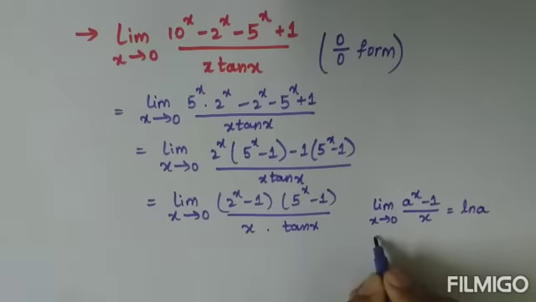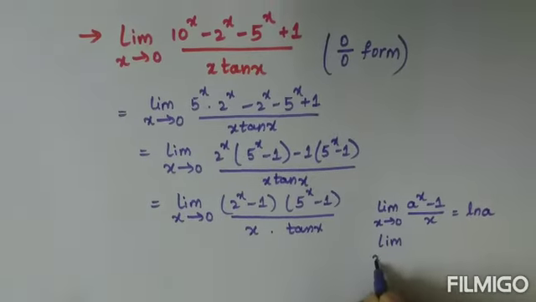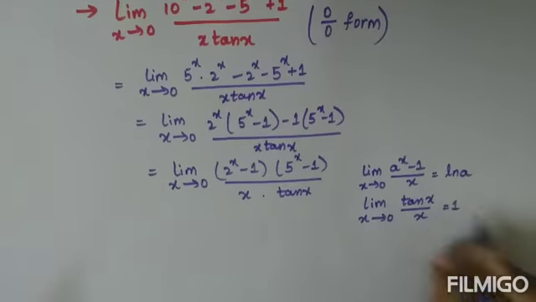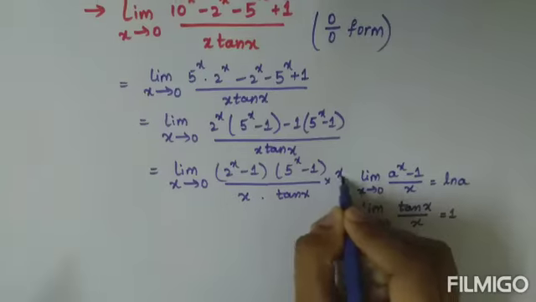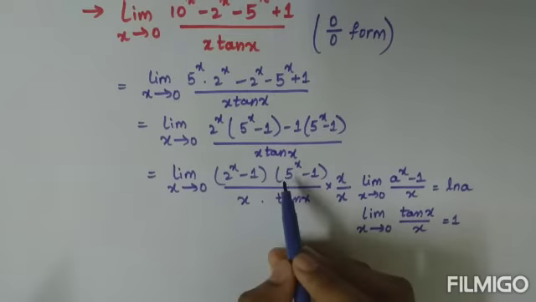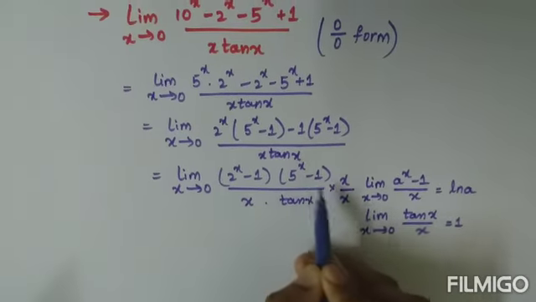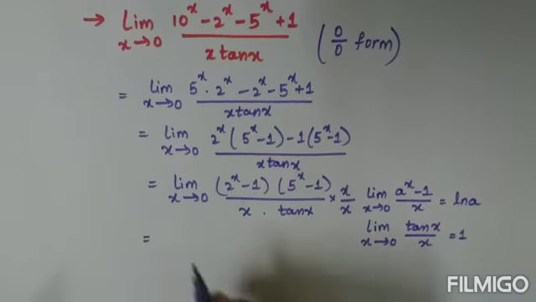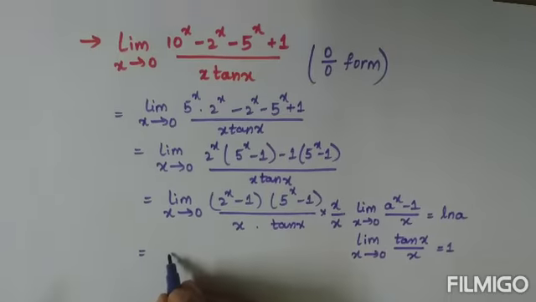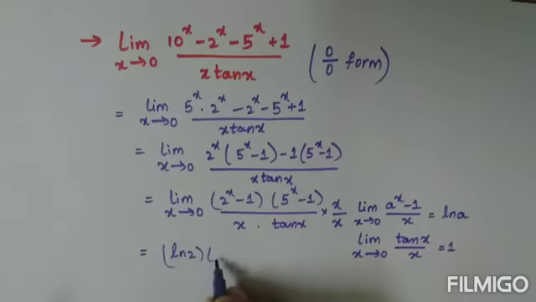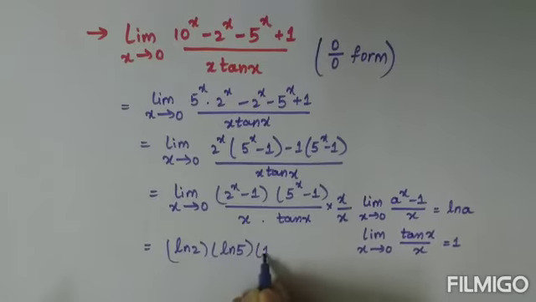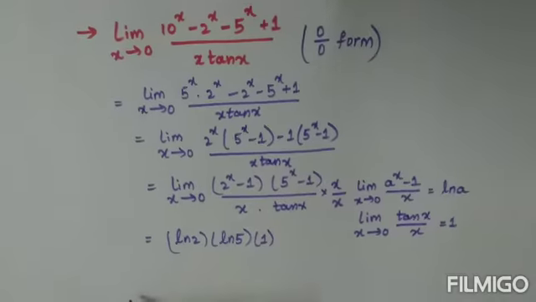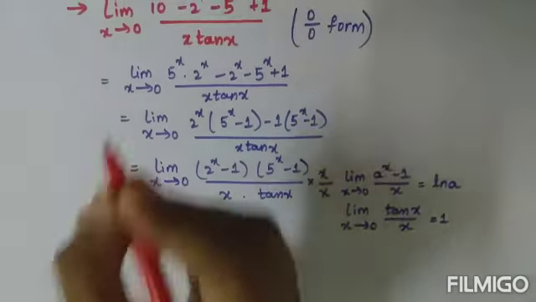We have seen in the evaluation of trigonometric limits that limit x tends to 0, tan x by x is also equal to 1. So here we simply multiply by x and divide by x. This 5 power x minus 1 by x becomes ln 5 and this becomes 1 again. By the algebraic properties of limits, we get ln 2 into ln 5 into 1. Easily solved, right?